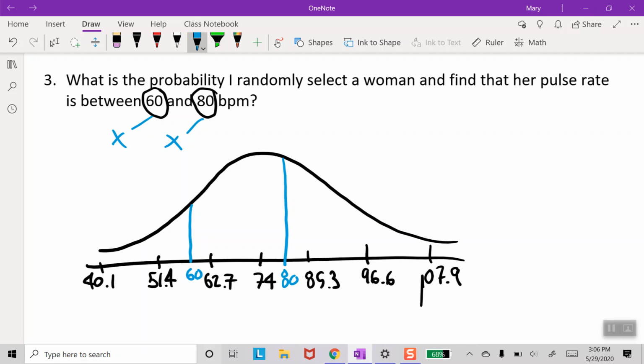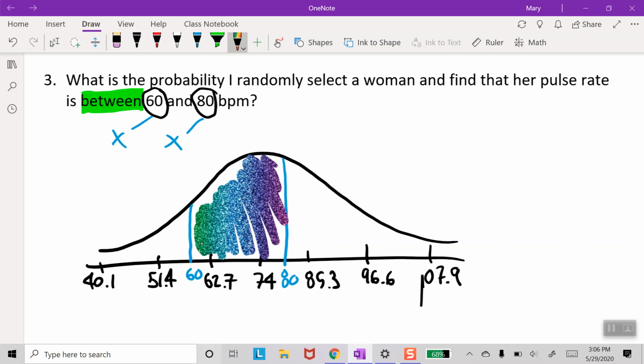So two different values of x, two different pulse rates, and they're asking for the between. So I'm going to shade between these, all the women that would be between these two. There. So again, curious about what that is. Going to use a sophisticated calculator to do this, but I have my game plan in front of me.